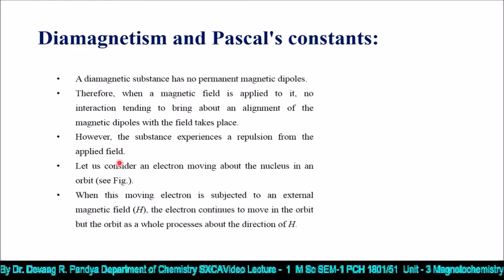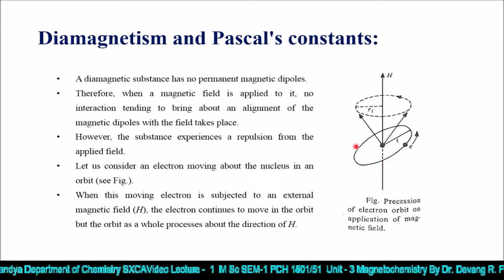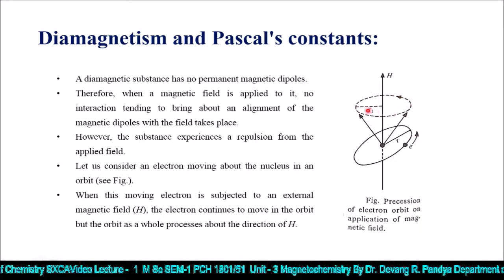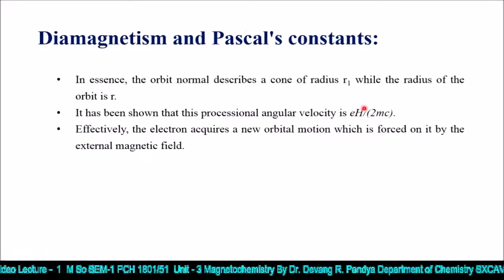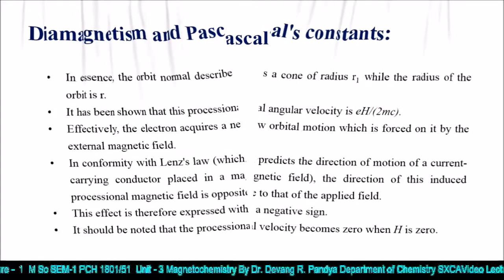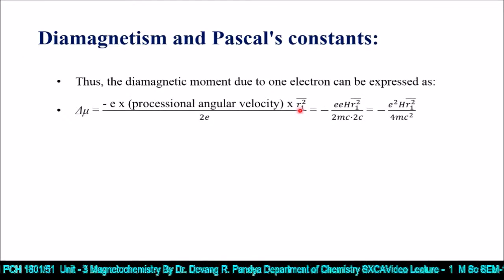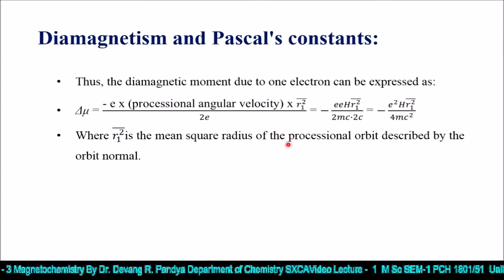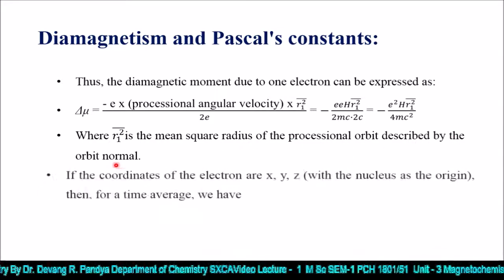Let me show you. Yes, this is the orbit normal and this is the precessional orbit, and that has radius R1. So R1 square is there.